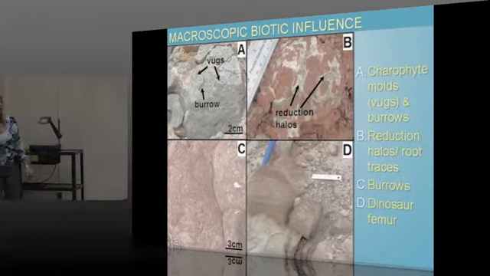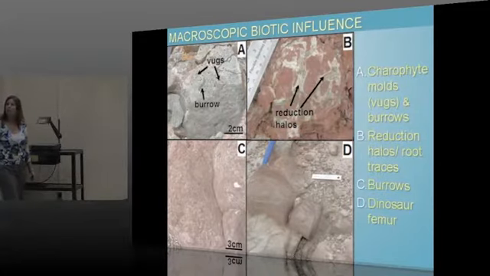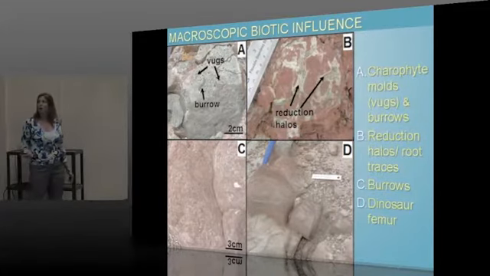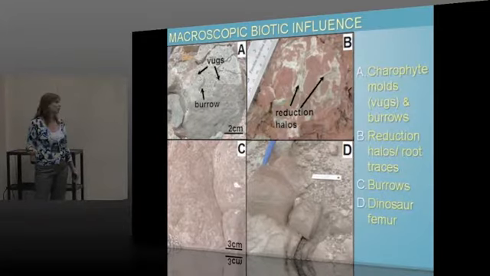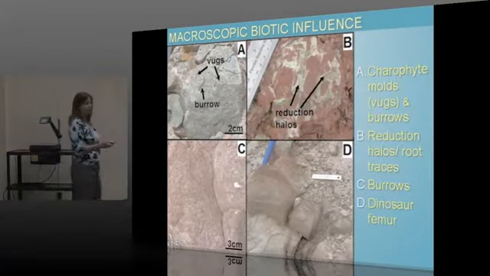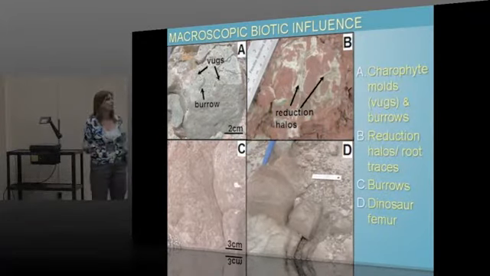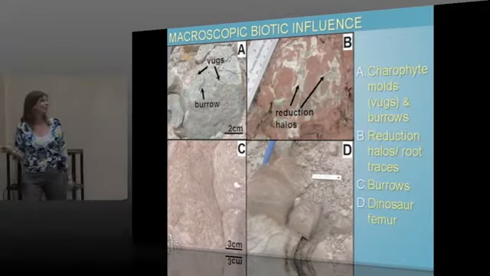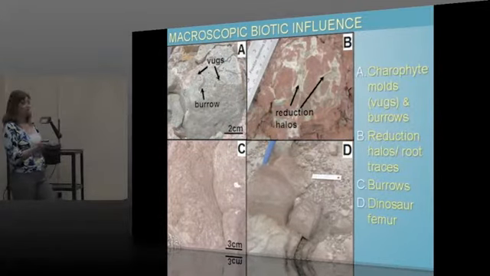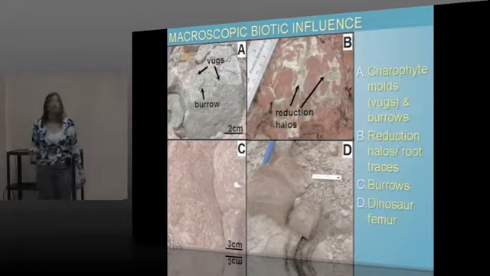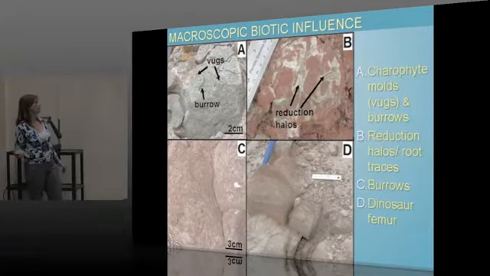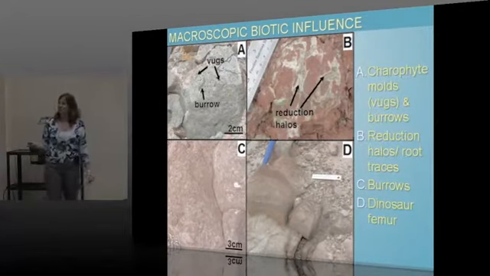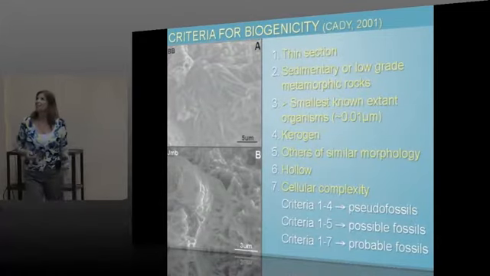And the organic matter degrades and creates these reduction halos. This is a highly burrowed rock here, and this is a dinosaur femur. And as I said last night, I'm not suggesting there are dinosaurs on Mars, or were dinosaurs on Mars. But we did have them here in the Jurassic, and we do find evidence of that.